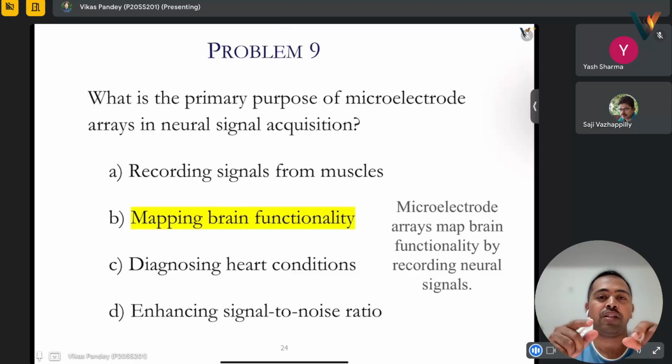But the use of these devices will be very clear only when we are aware of the neural structures, how they occur, what potential is being generated, and in what case, if this one link is broken, what might be the problem. Like someone having a problem with the eye, what link might be broken. That can only be understood when we have complete knowledge about the brain structure and brain working.